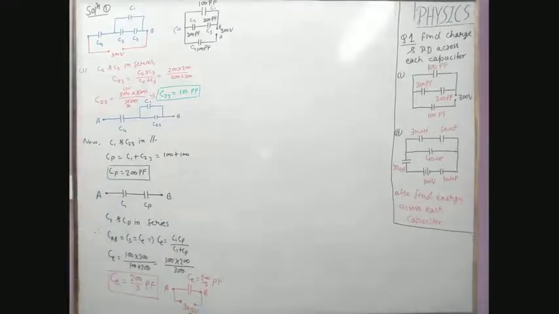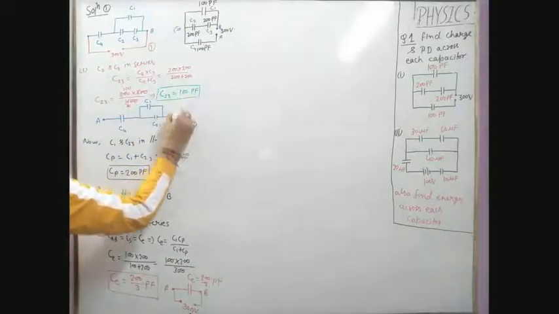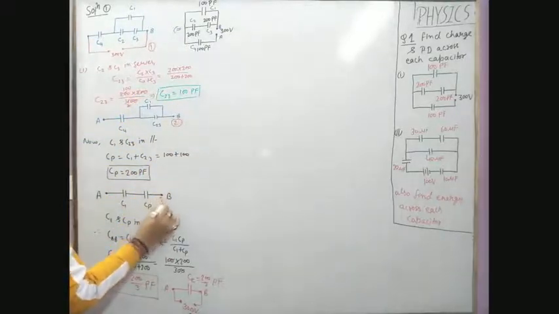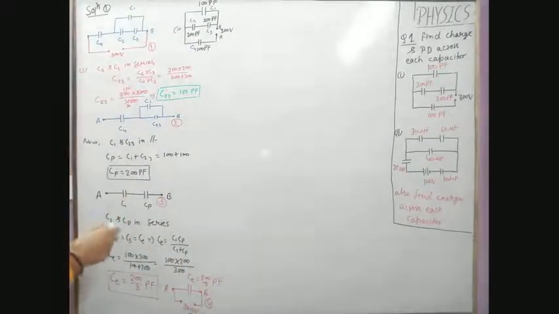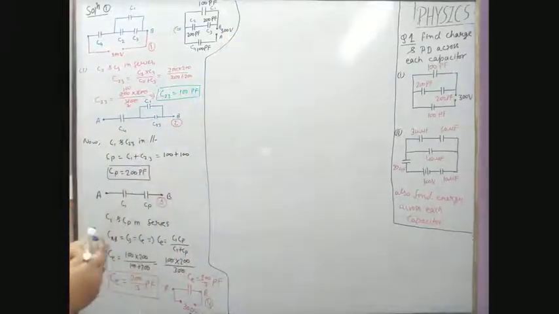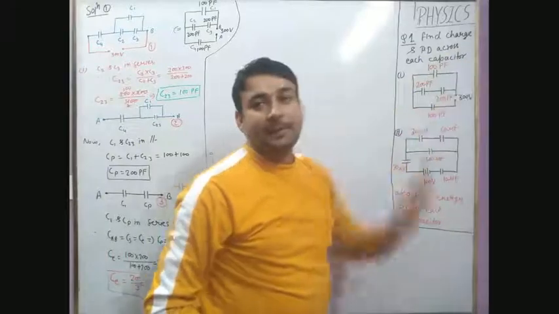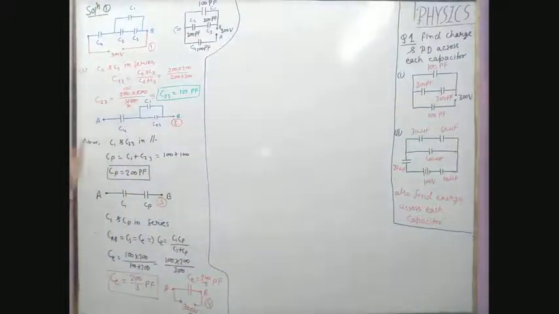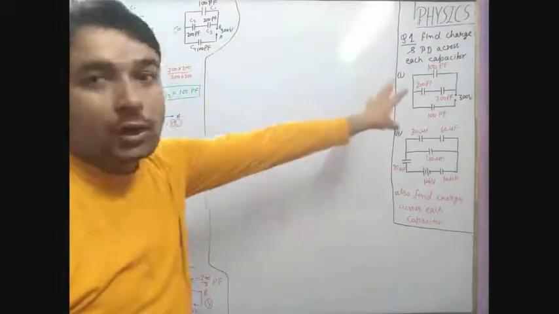Okay, now this is the first step, second step, third, and now this is the fourth step. Here we have to calculate the charge and potential difference across each capacitor. Clear? So this is the simplest situation. Now we need to move from fourth to third to second to one to calculate the quantities in the question.